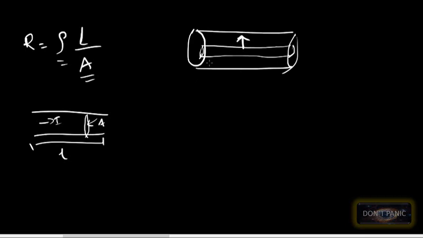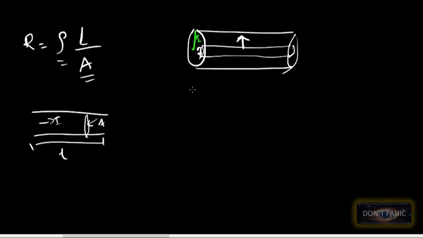Then what's happening is, suppose this is R1, the inner R, and the outer R is R2. As you go farther away from the axis of the cylinder, your radius is increasing. So your radius is changing.